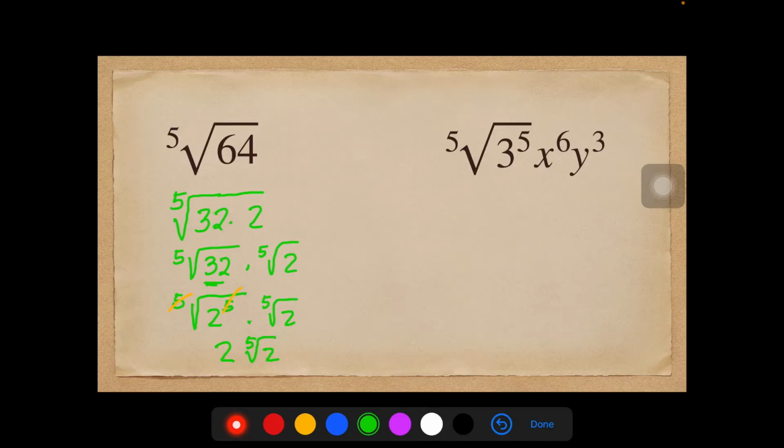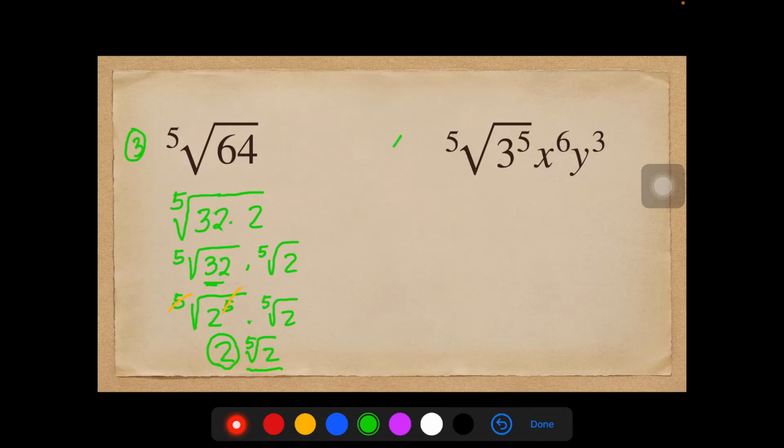So this 2 is already a whole number. It's no longer inside the radical because it's a perfect fifth power, and this one remains inside the radical sign because it's no longer a perfect power and it's already in the simplest form. I think this is the third example for removing perfect nth powers from a radicand.